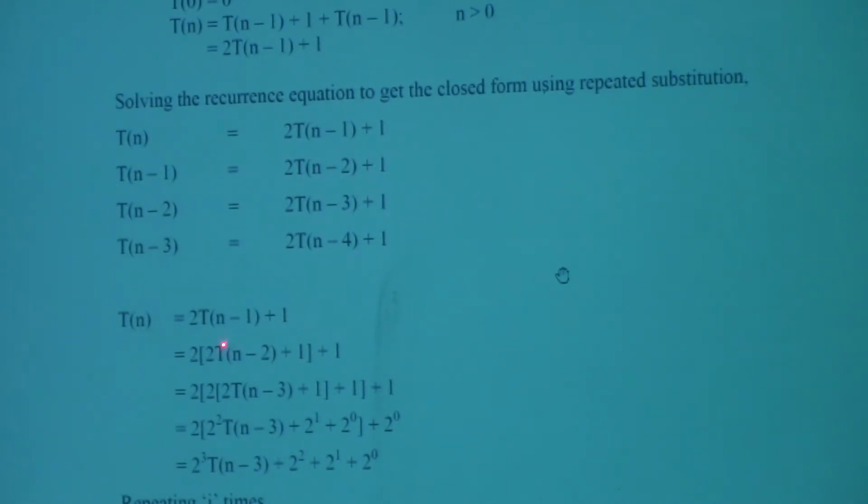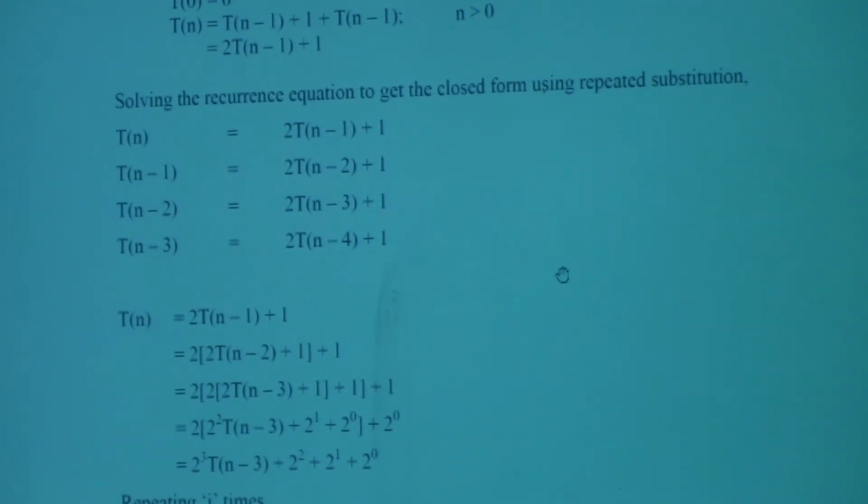Once I do that, I'm going to very carefully put a substitution in between the 2 and the T and after this parentheses. So I'll put a bracket after this 2 right here, and I'll close the bracket here before the plus 1. And so I've done it 3 times. This is not as simple as before because we have some multiplications to do. So you have to do this very carefully, okay?